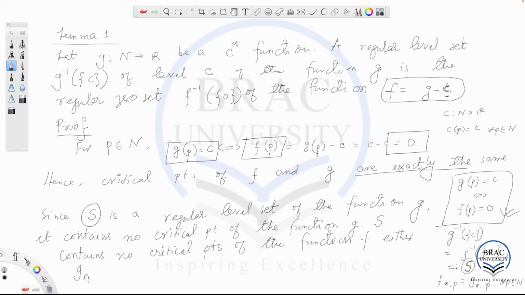In other words, f inverse 0, which is the set S, is a regular zero set of the function f. This is what we needed to prove, right? QED. All right.